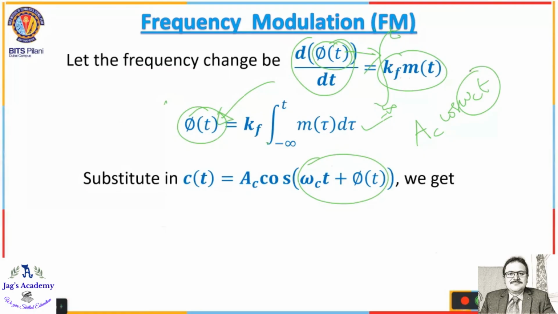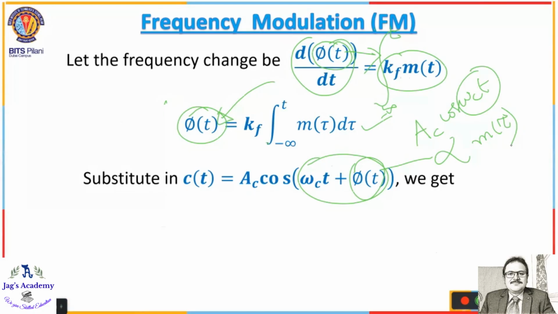And this phi of t, I told you, is proportional to your message signal m of tau. I understood this. Okay. This is the general equation for your angle modulated wave.